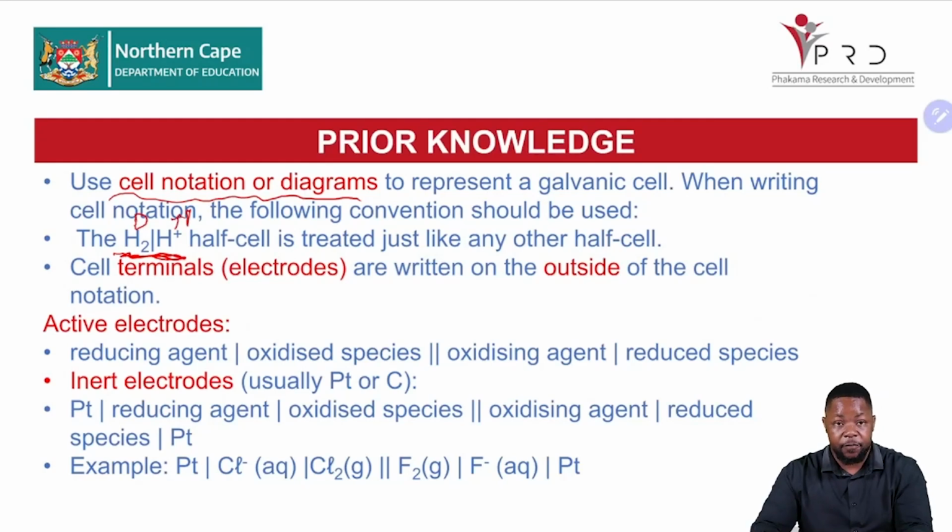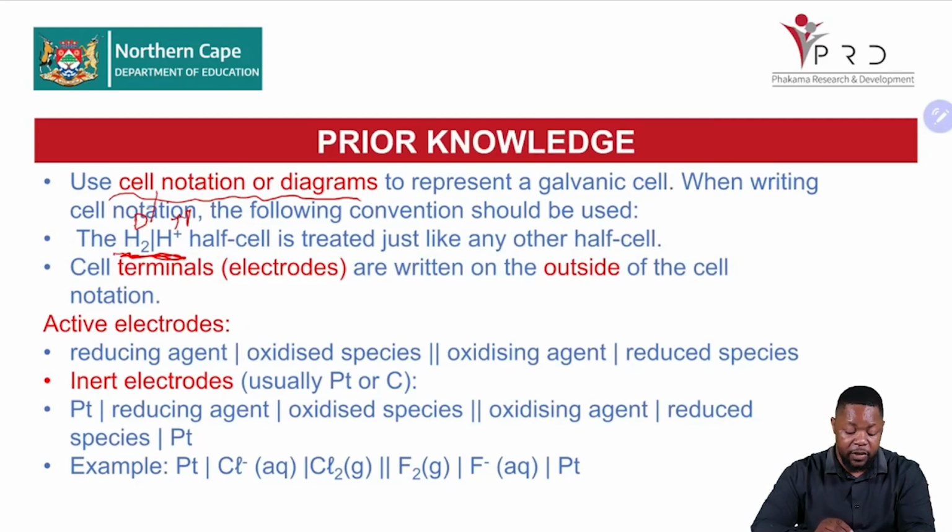So the oxidation number has increased from 0 to +1, and this half cell is treated just like any other half cell. When writing the cell notation, you should be able to see whether the oxidation number is increasing or decreasing. In this case, it is increasing because it is moving from 0 to +1.